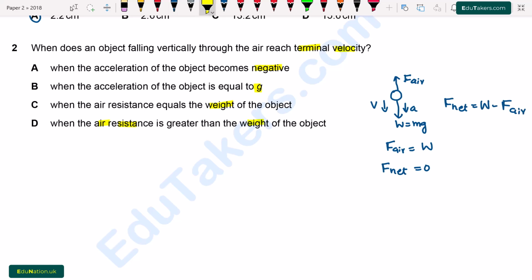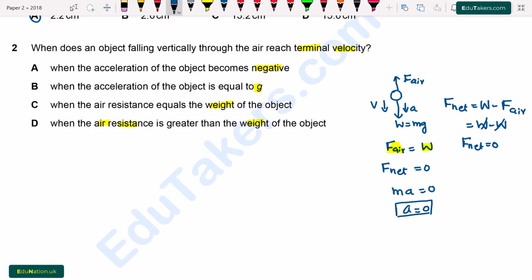When a body achieves terminal velocity, the air resistance force and weight are equal. So I write here W minus W, both of these cancel. So net force will be equal to 0. When the net force is equal to 0, then according to Newton's second law of motion, F is equal to ma, the acceleration will be equal to 0.